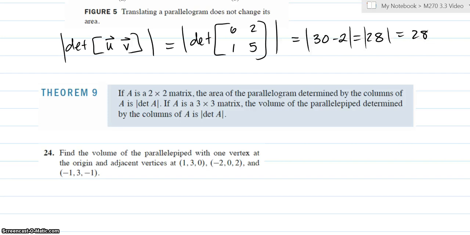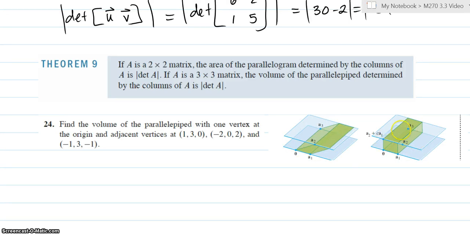The book, by the way, does have another way to prove the 2 by 2, which I didn't mention before. So you can look at that as well. There is also an explanation of why it works and pictures of what it looks like for a 3 by 3.